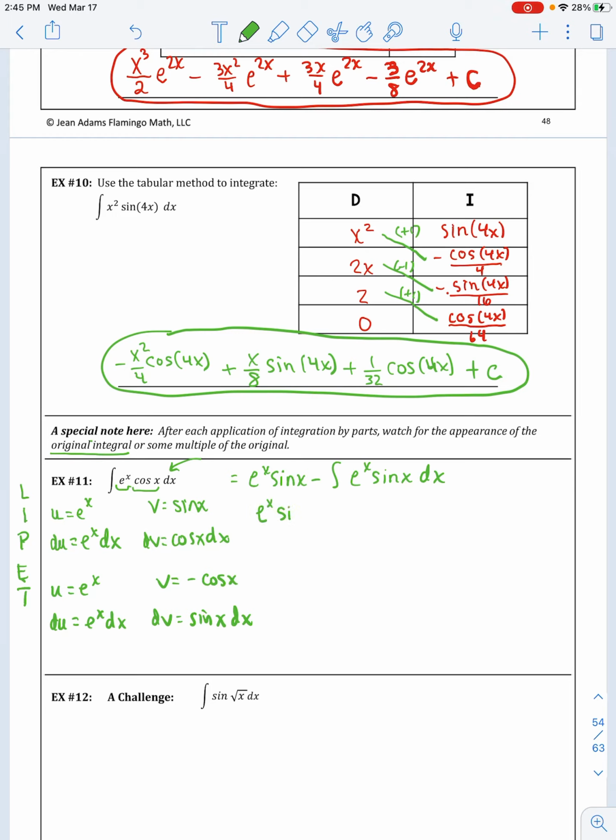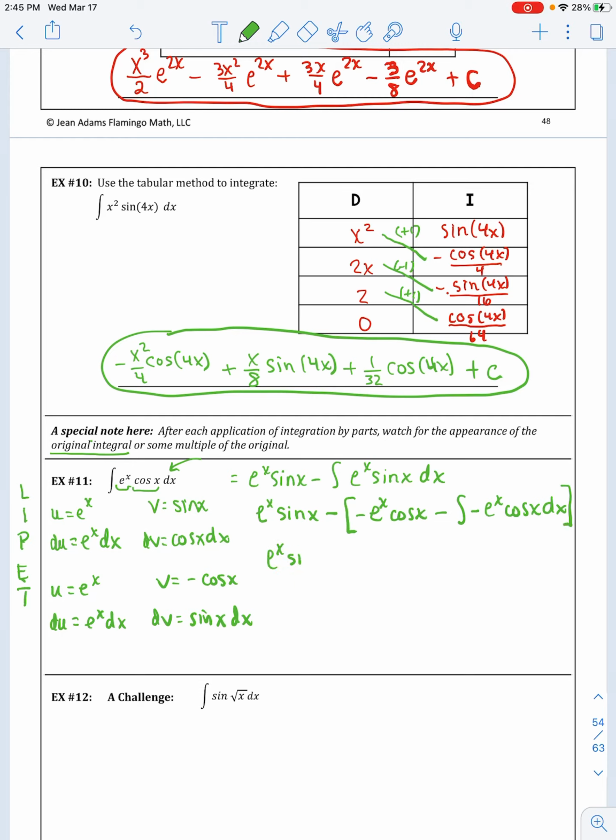So now e to the x sine x minus, now remember, put a bracket because this integral is going to be the u times v. So negative e to the x cosine x minus the integral of v du. So this would be negative e to the x cosine x dx.